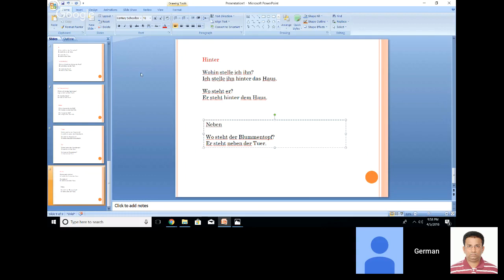Okay. Wo steht der Blumentopf? Er steht neben der Tür. Over here, it is already standing. I am not moving the Blumentopf. It is situated near the door. That's why it is dative. What would be the question for accusative?